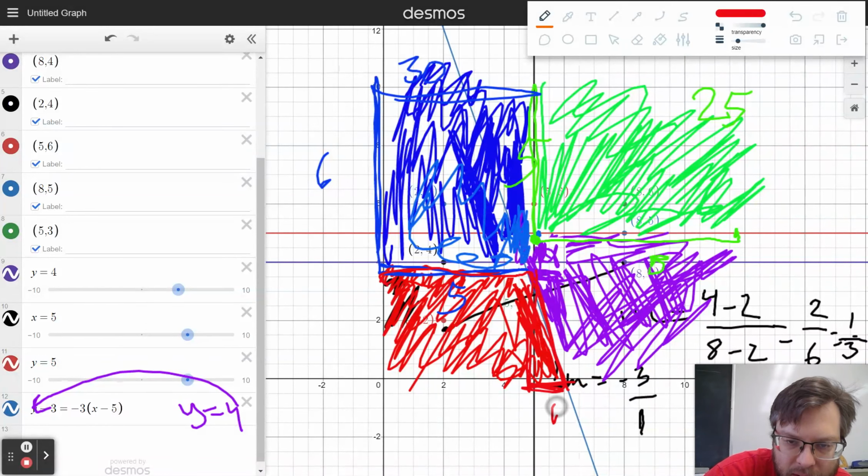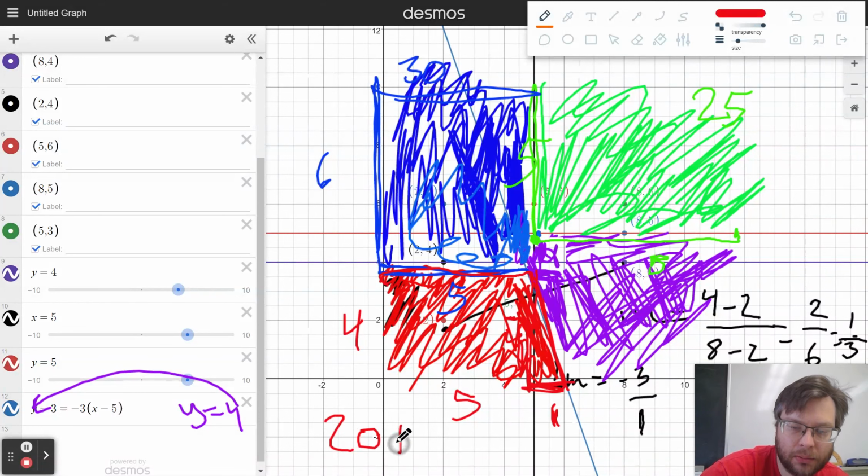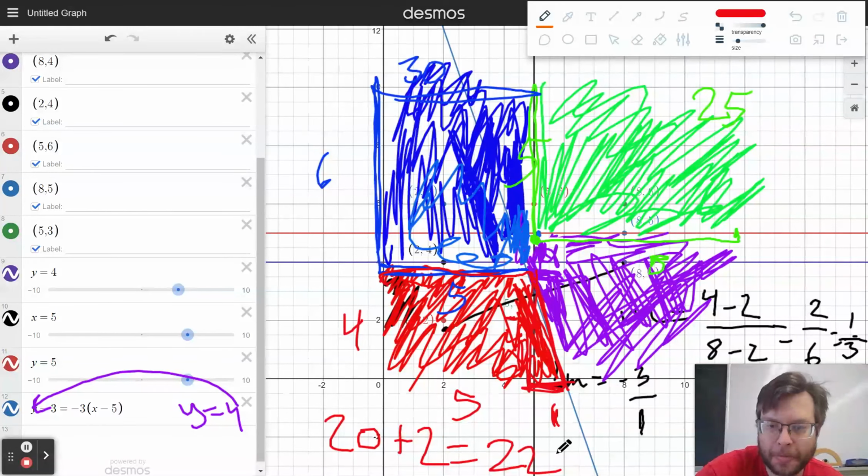So that triangle looks like it's 1 by 4, and this is 5 by 4. So we have 20 for the rectangle because that's 4 times 5, plus 2 more for the triangle. Half of 4 times 1 gives me 22.